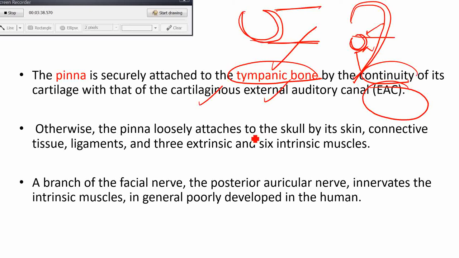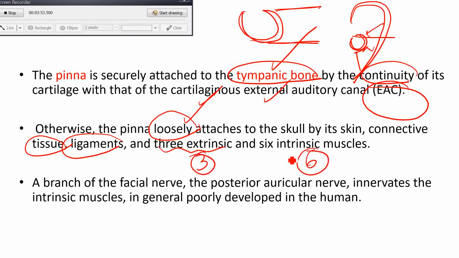Otherwise, the pinna is loosely attached by connective tissues, ligaments, and three extrinsic and six intrinsic muscles. A branch of the facial nerve called the posterior auricular nerve innervates the intrinsic muscles.